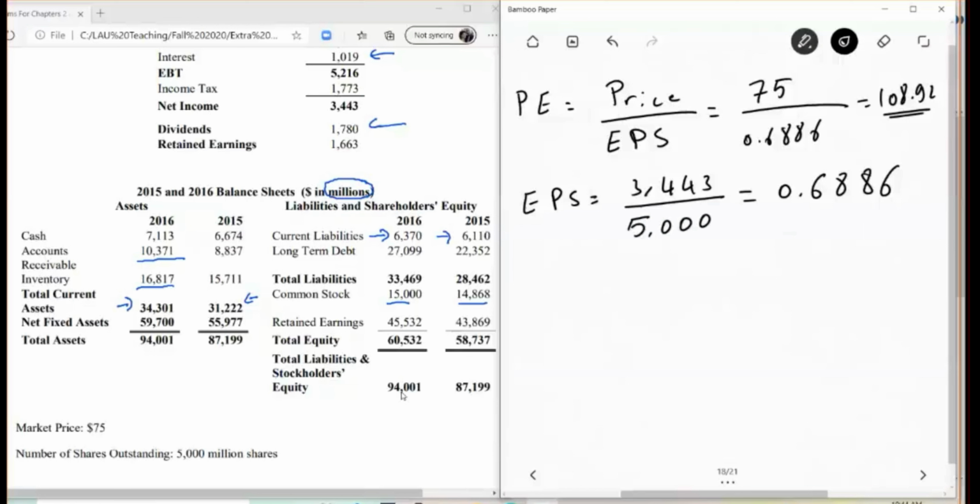But such a ratio should be supported with a very high return on equity, which is not the case. Here, the firm is only generating 5.69% as a return on equity. So this implies that the stock of this firm is overpriced.